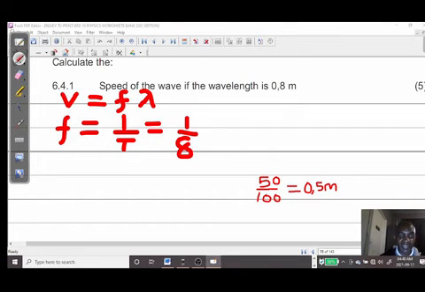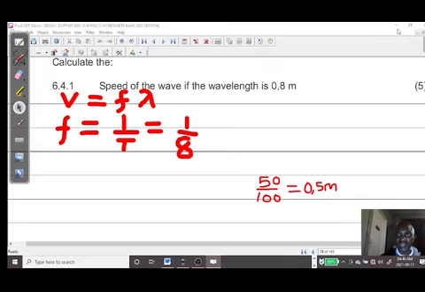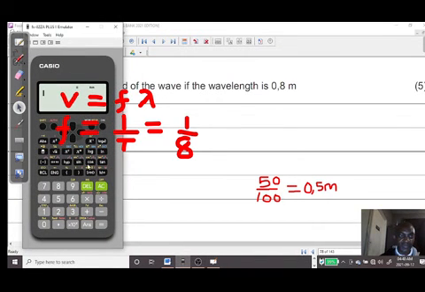1 divided by 8, let us check it on our calculator. We get 1 over 8.